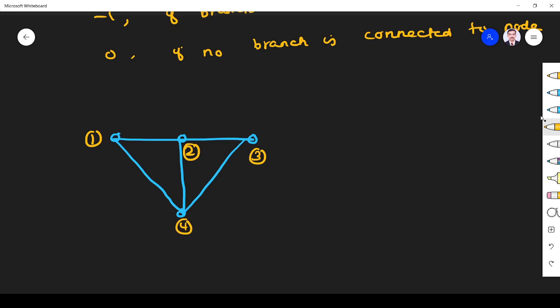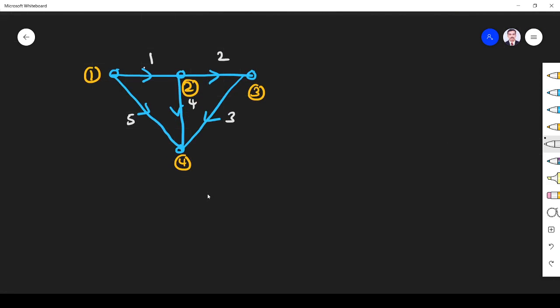What are the branches? You give a name to each branch. That is very important. The graph must be directed, so I draw the direction like this. This is branch 1, branch 2, branch 3, branch 4, branch 5. So these are all the 5 branches.